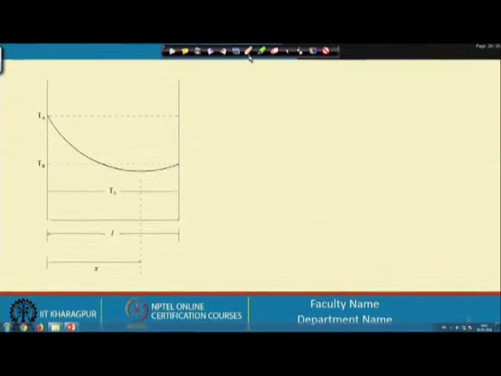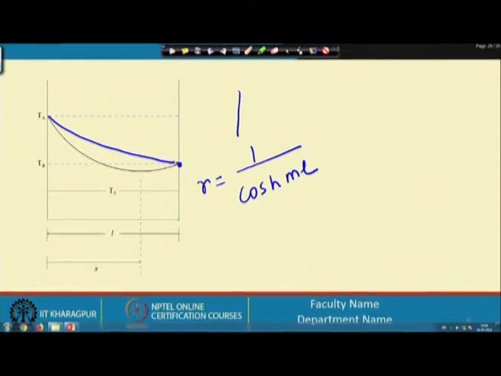Here we have the situation when r is exactly equal to 1 by cos hyperbolic mL. At that point the extremum is located at this point, and the situation will be such that it is continuous from this end to this end.